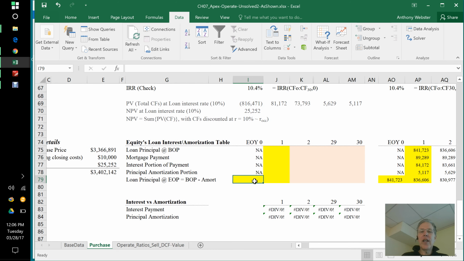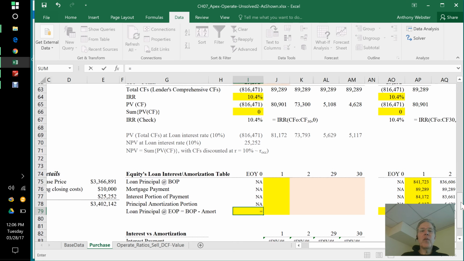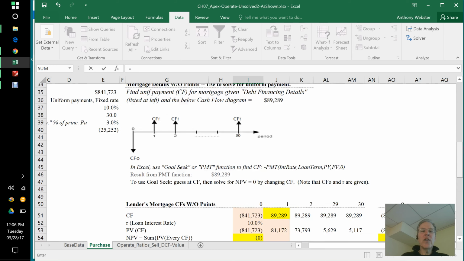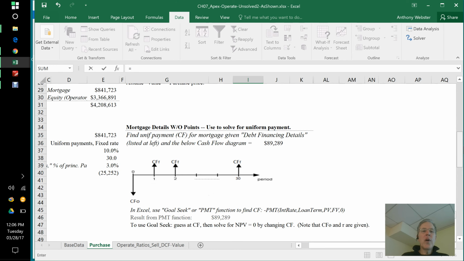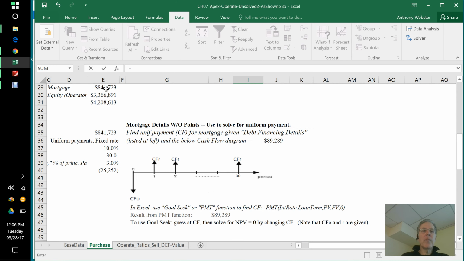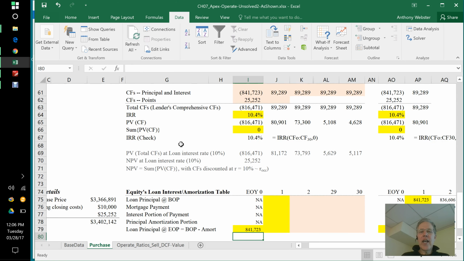So I'm going to say here, this is equal to the principal amount, the amount that the lender is contributing to purchasing this property. Okay, so that's in E29, that's the mortgage balance.